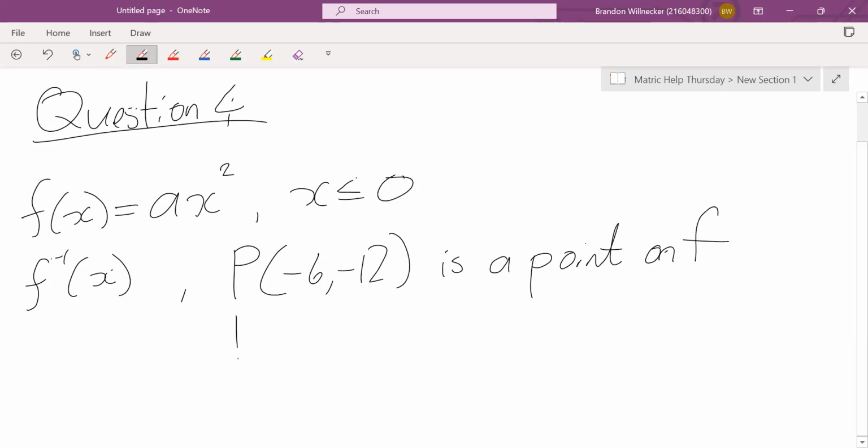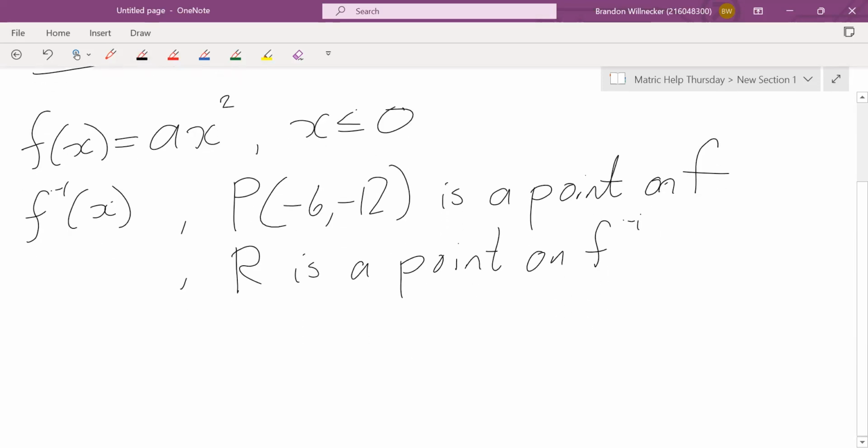Okay, and we've got another point R, which is a point on f inverse. Okay. So 4.1. Okay, we want to know, is f inverse a function?